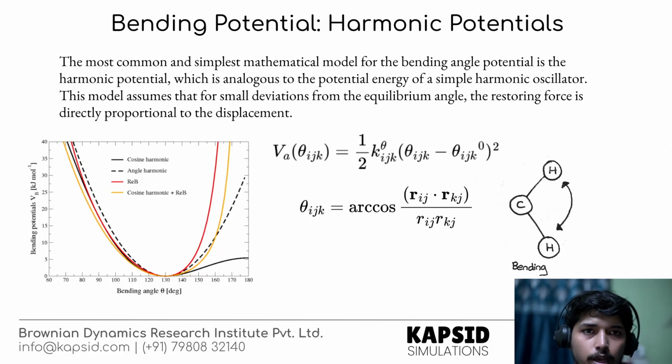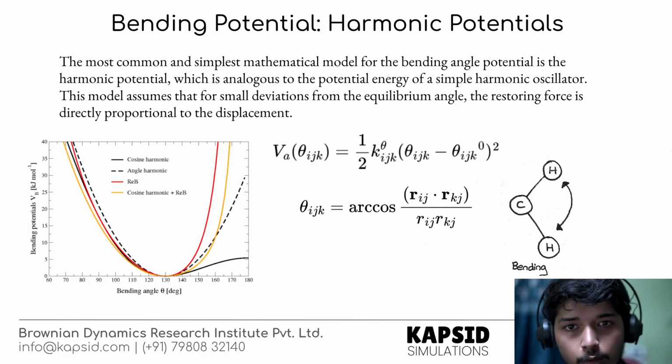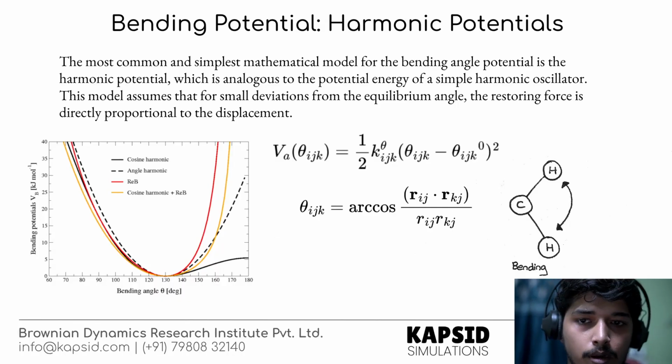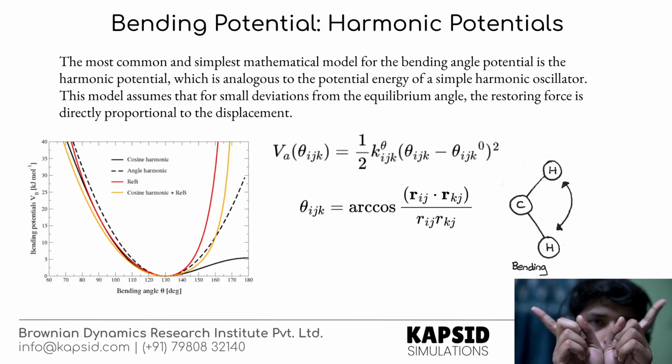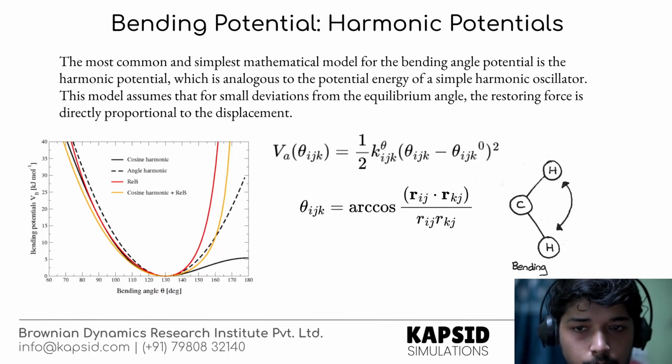If there was a 120 degree bond angle, and you change that too much, there would be structural changes in the atom, and that would include some potentials. So to keep that in mind, we start with a potential which exhibits this kind of property: when you come closer, it exhibits some potential energy, and when you go farther away, it also exhibits some potential energy.